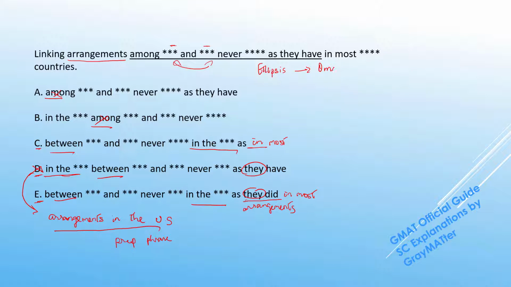Ellipsis is the omission of nouns and verbs in a comparison. And this omission is mainly done for the sake of concision. For example, this is a noun ellipsis.